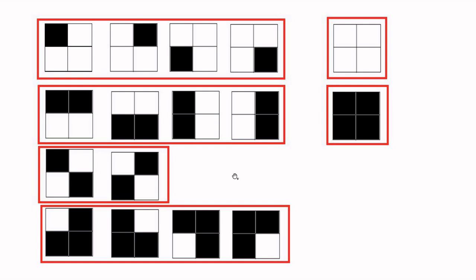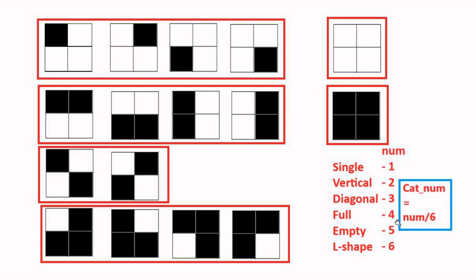So naming these groups, we have single for one square being colored, vertical for the vertical or horizontal coloring, diagonal for the two diagonal colorings, full for when all 4 blocks are colored, empty for when none of them have been filled in, and L shape for this bottom group where 3 have been filled in.